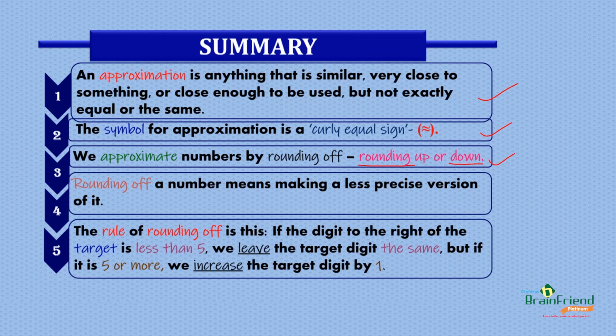Moving on, we learned that rounding off a number means making a less precise version of it. And lastly, we learned that the rule of rounding off is this. If the digit to the right of the target is less than 5, we leave the target digit the same. But if it is 5 or more, we increase the target digit by 1.